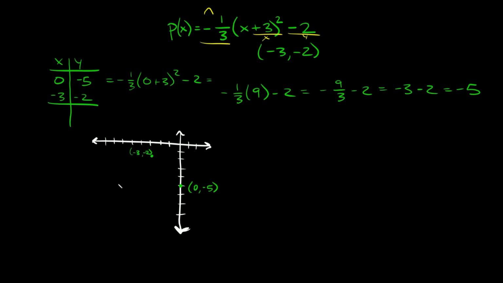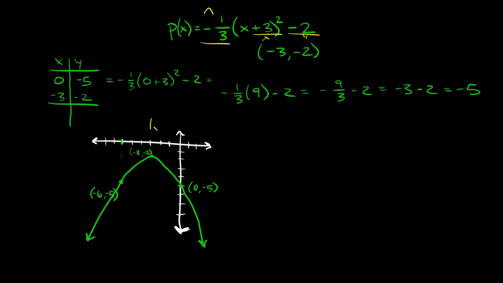So to get to the other point on our parabola, we're going to have to go over 3. We're at negative 3 right now, so we'll go over to negative 4, negative 5, negative 6 is right there, and then down 3 right here, right? So this spot is negative 6, negative 5. Okay, and then just connect the dots like that, right?